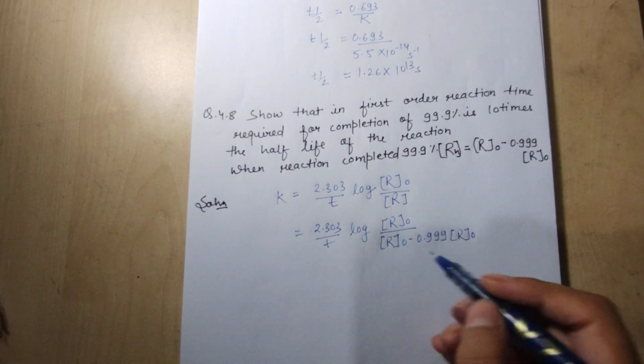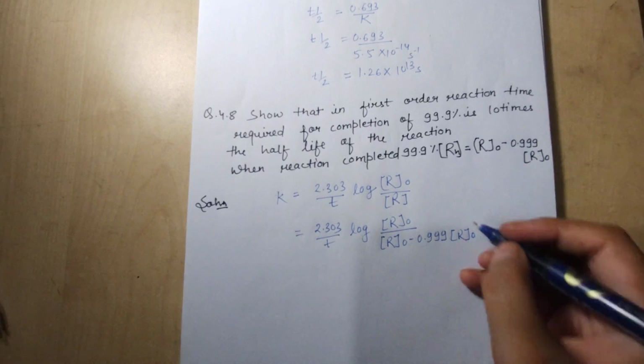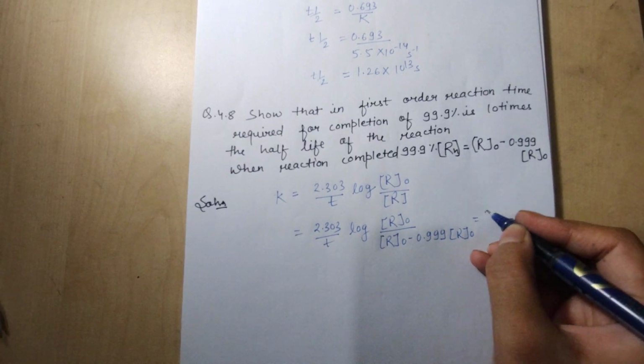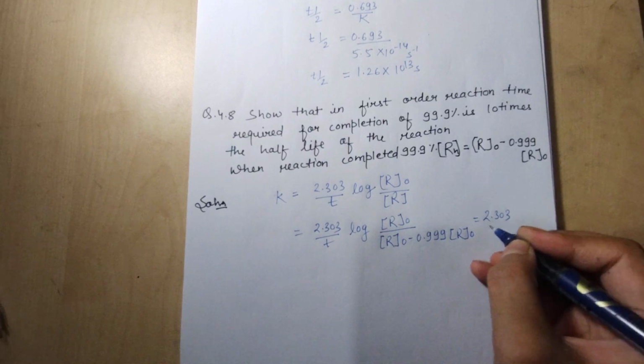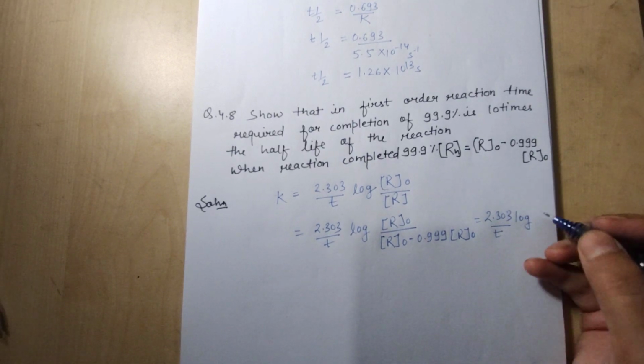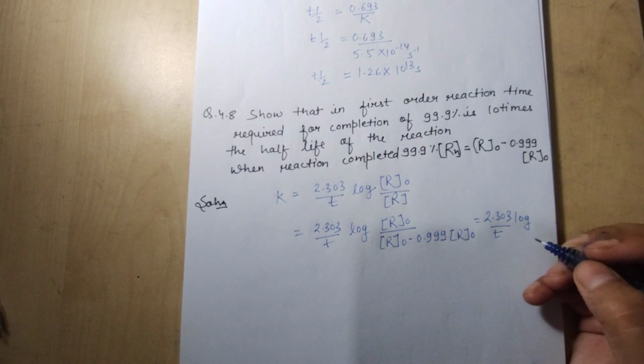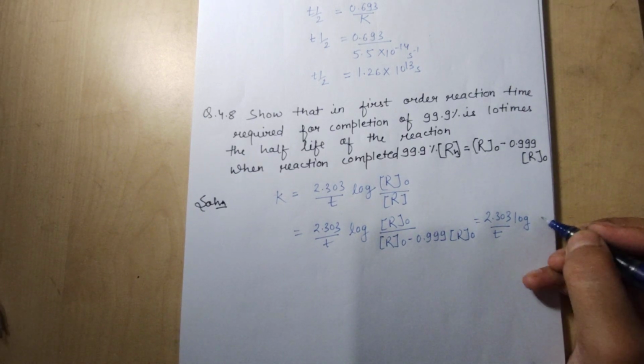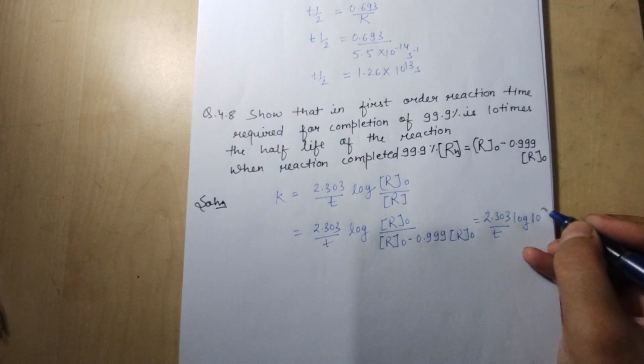So by solving all this, we get 2.303 upon T log 10 cube.